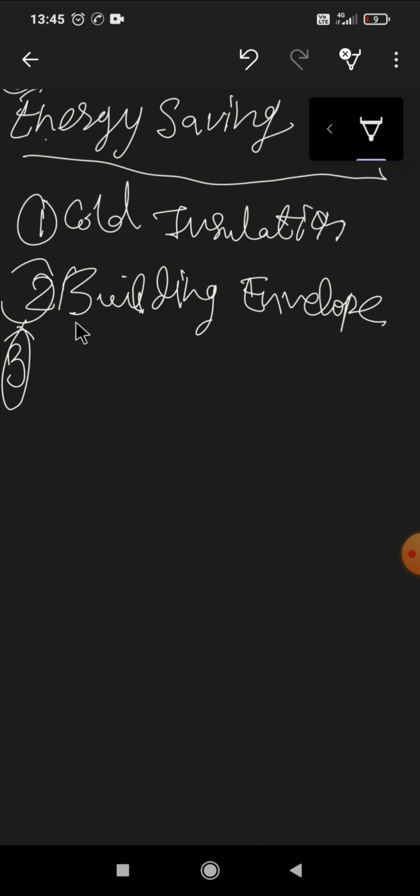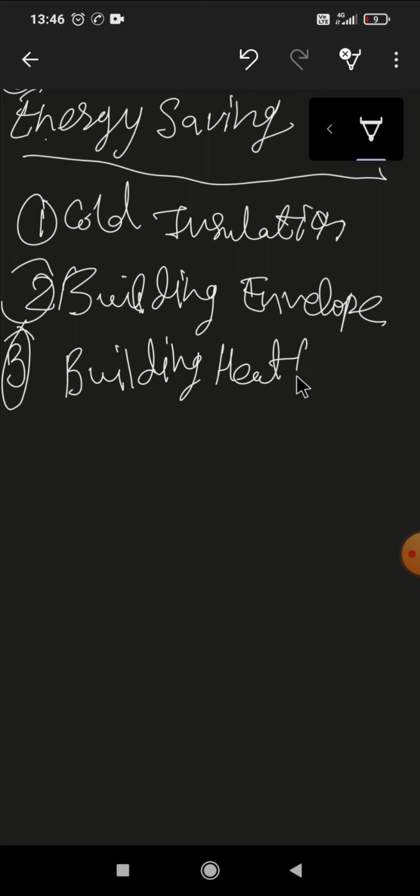Then third point is building heat loads minimization.